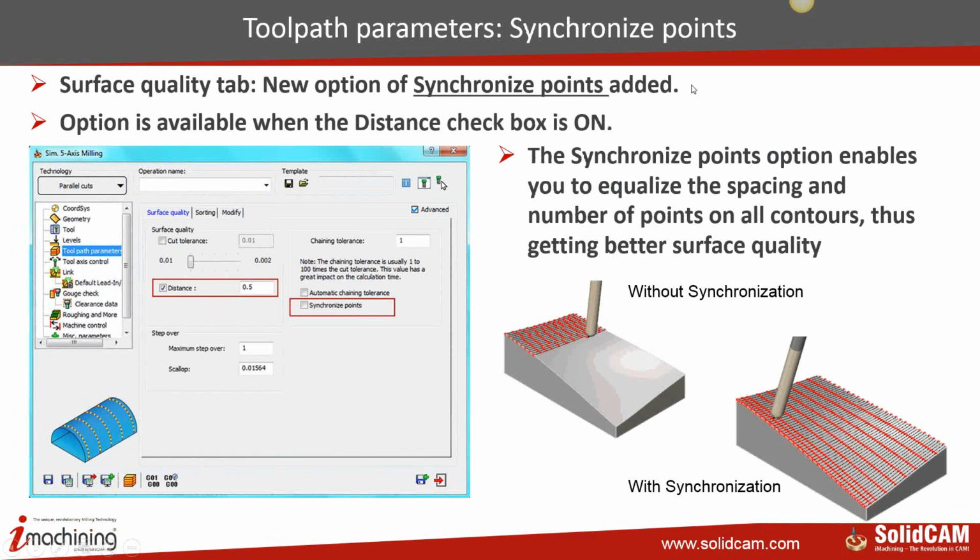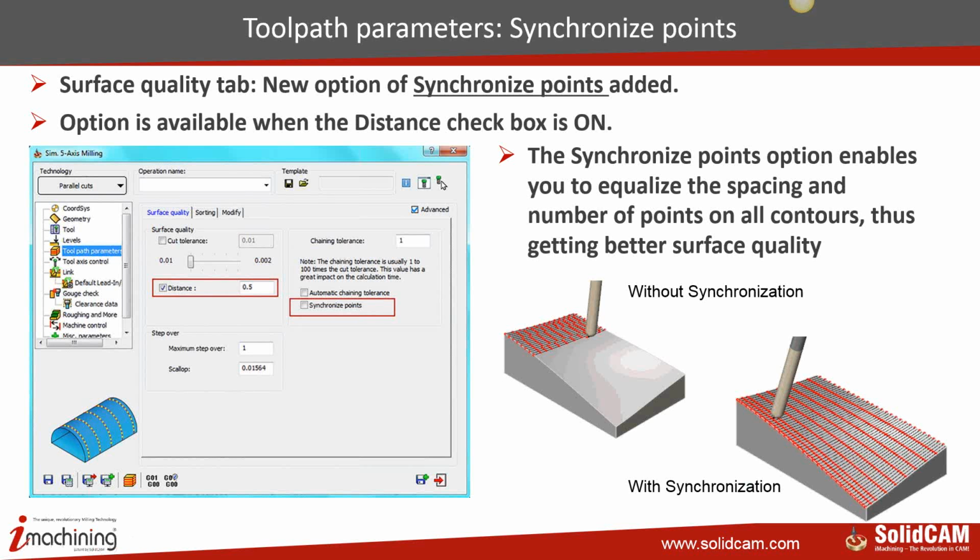Another very important thing that we added was to synchronize the cutting points, the points on the toolpath. You can look at the figure on the right side. The first one is the point distribution without the synchronized point option on, and the second is with synchronization on. We will see this now in the software itself.